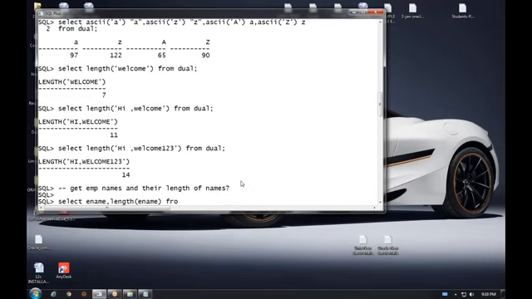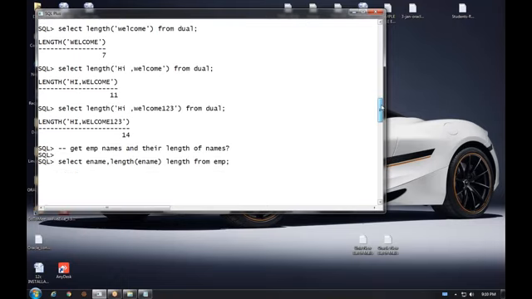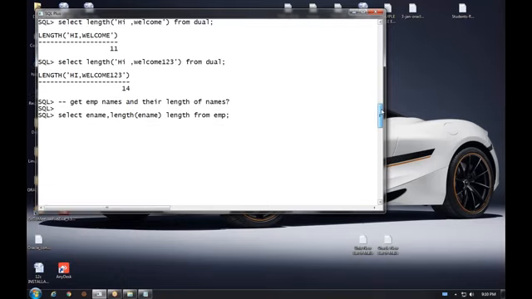Listen carefully. Within the length function, you have a column name in this example. So column names cannot be in single quotes.